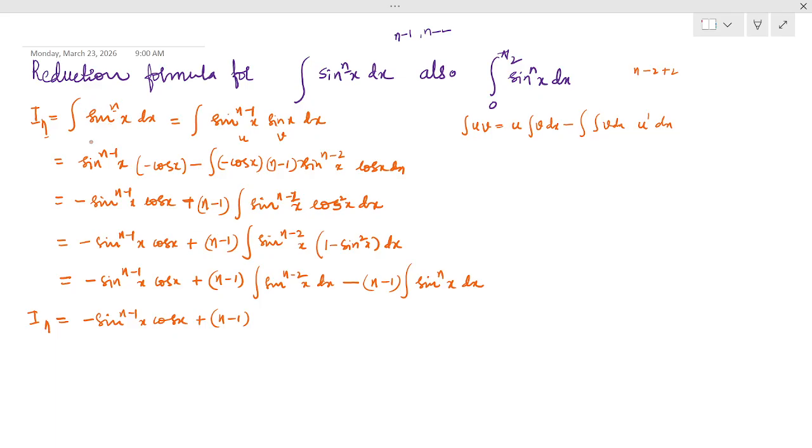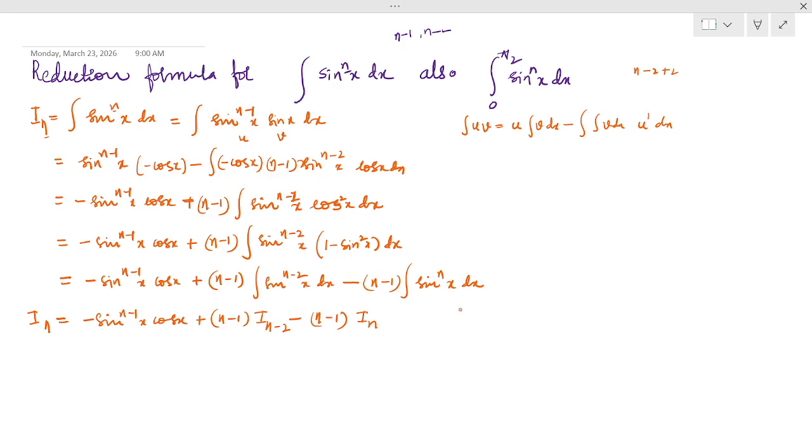When the integration of sin n x is I_n, so instead of n, if I replace n by n minus 2, it will become I_n minus 2. So here also in a similar fashion, I am writing this as I_n minus 2. Next minus n minus 1 times of this is I_n.